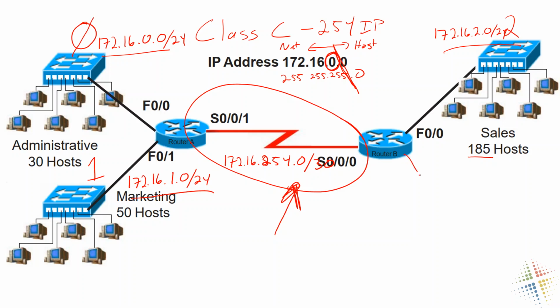If another network comes along, well, I simply add in 172.16.3.0/24. Well, great. That makes my life a whole lot simpler. Now I can simply organize everything according to one network gets one Class C network.